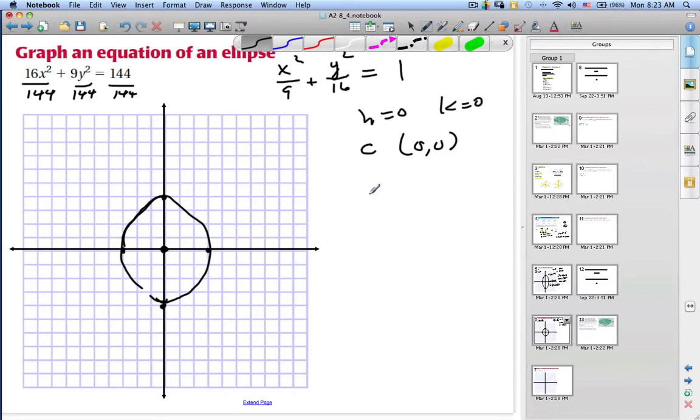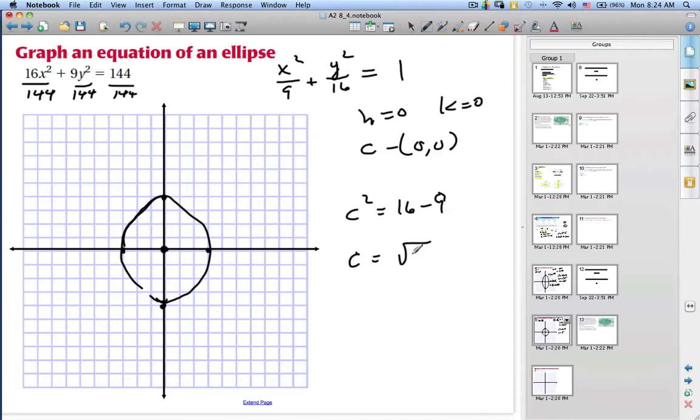And now I want to find my distance to my focus. I know that c squared will be equal to 16 minus 9. So c will be equal to the square root of 16 minus 9, which is root 7. Okay, so how much is root 7? Well, it's more than 2, but it's less than 3. So 1, 2, it's right about there.